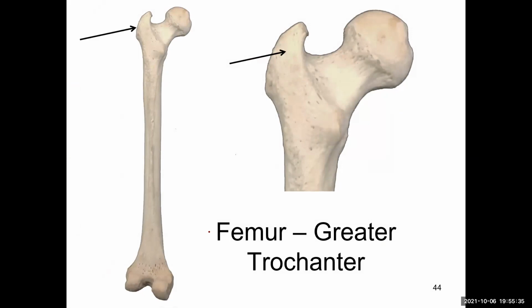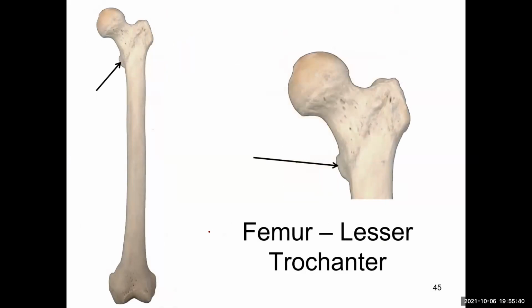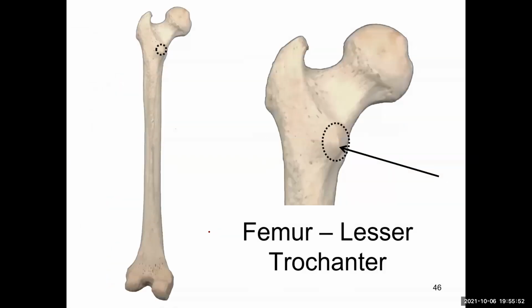Okay, so that's the greater trochanter from the posterior view. Then you've got this little nubbin opposite the greater trochanter on the medial side of the bone, and that's the lesser trochanter. You can see it a little bit better on the posterior view. That's the lesser trochanter.